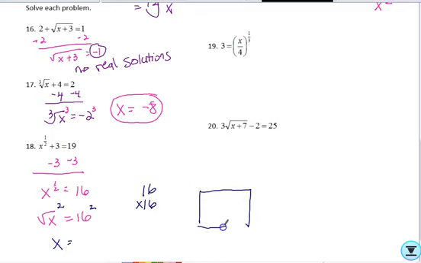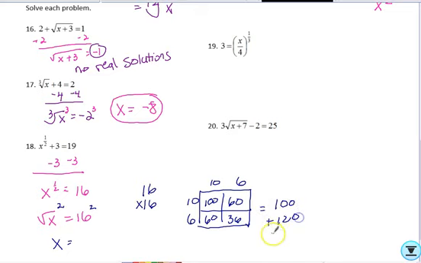So I'm going to break that apart. That's 10 plus 6 times 10 plus 6. 10 times 10, 10 times 6, 6 times 10, 6 times 6. That gives me 100 plus 120 plus 36 for a grand total of 256.